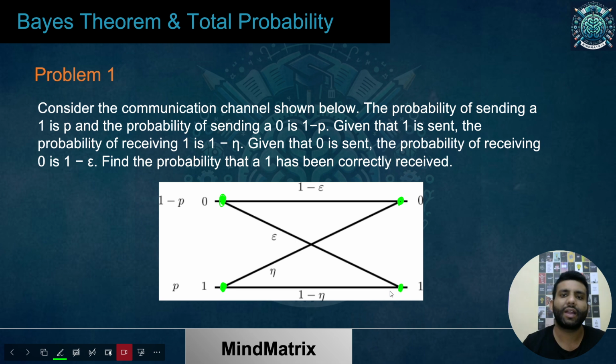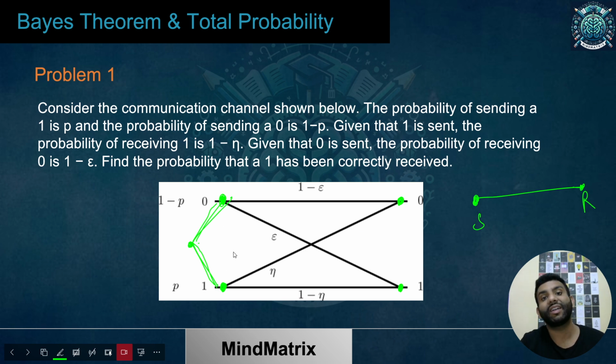Basically these are not different ends, it has been split just to explain the thing. This is my sender end and this is my receiver end. It has been broken down into two parts just to understand what we are sending.